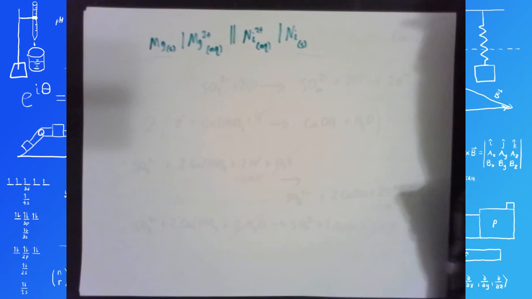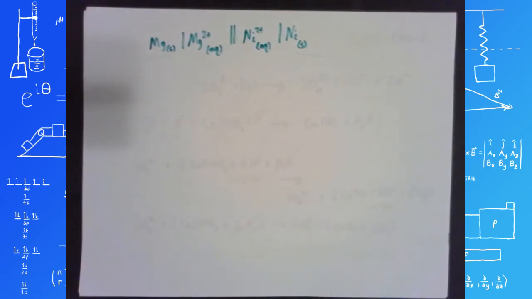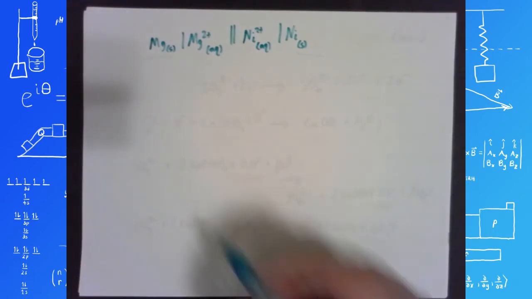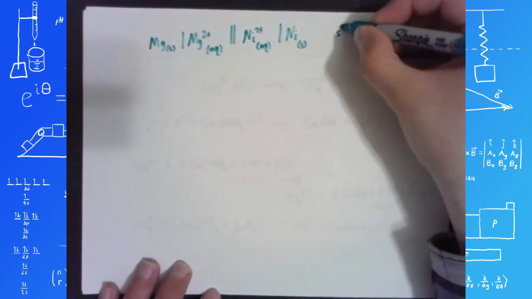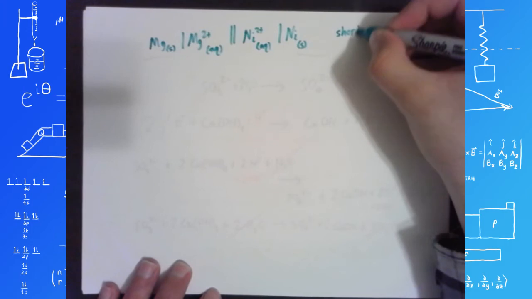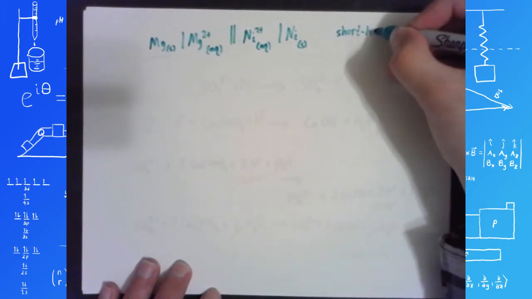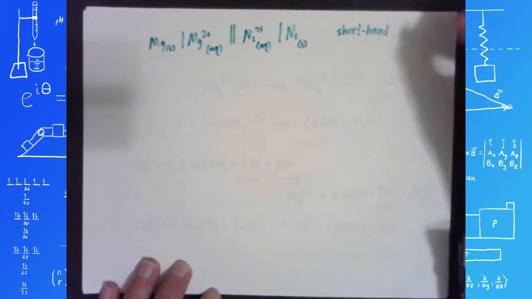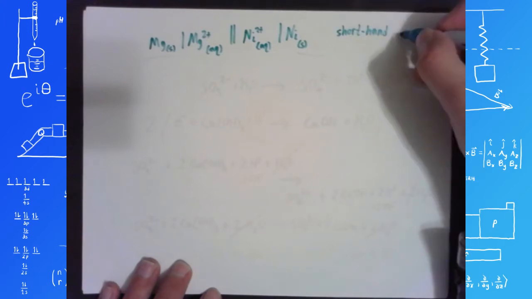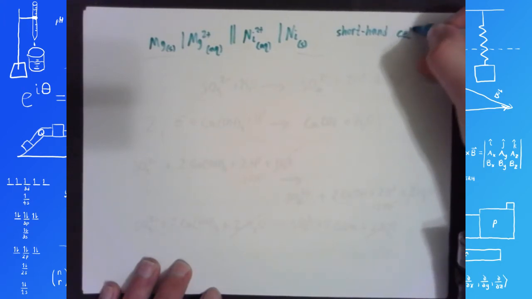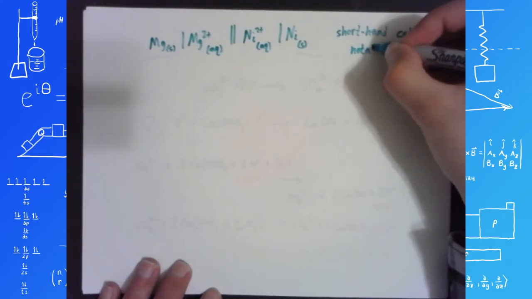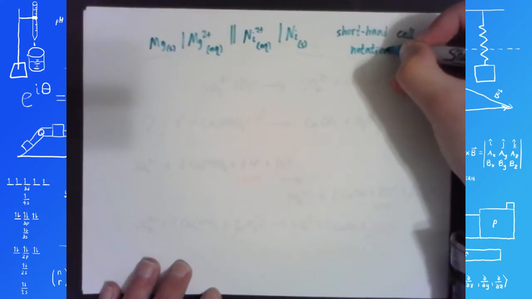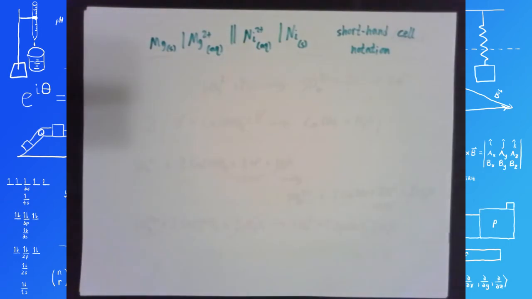And there you go. So I guess this book calls this thing a cell schematic. It's also called the shorthand, I believe it's called shorthand cell notation or half cell notation. But yeah, that's what that is.